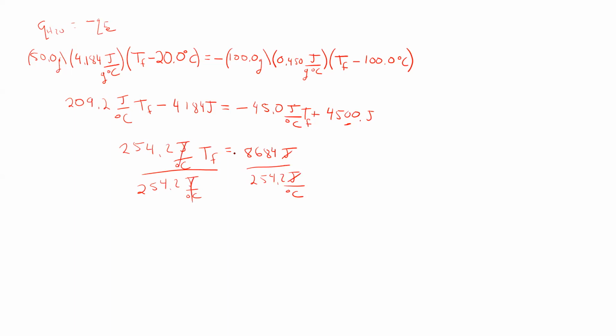Joules per degree Celsius are going to cancel. This degree Celsius is going to flip up into the numerator, and we wind up with a final temperature of 34.2 degrees Celsius.